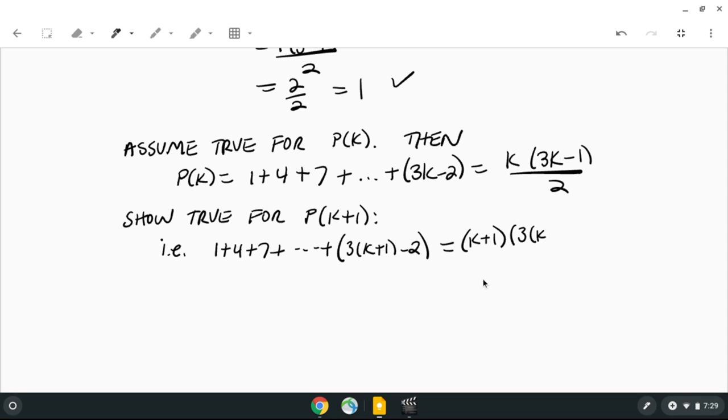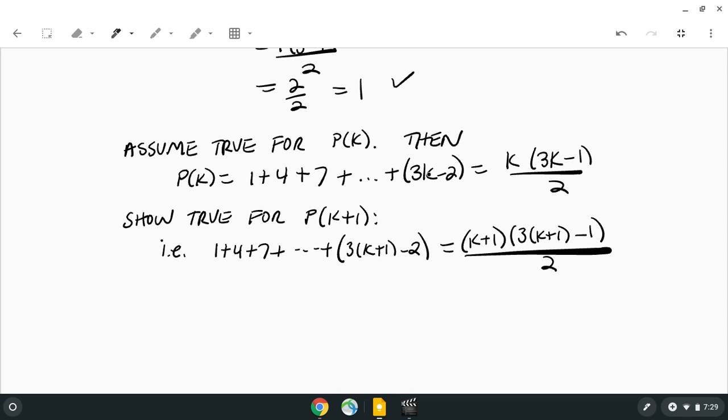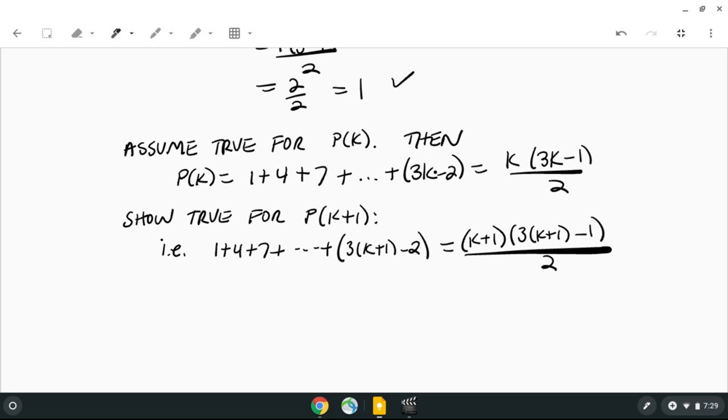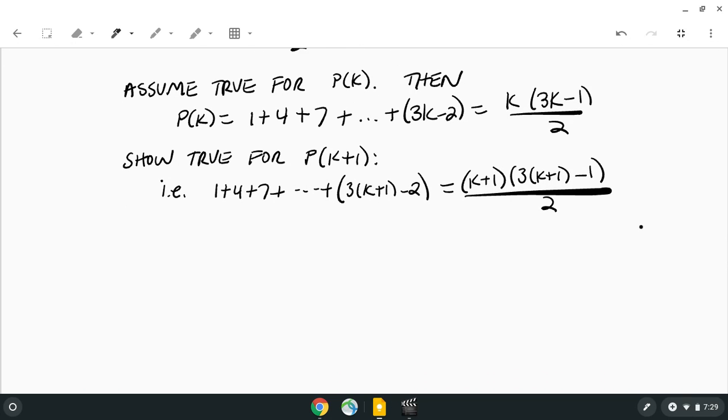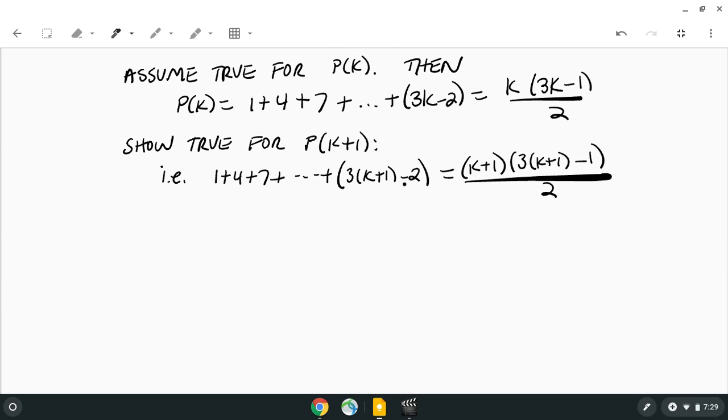So you can see here, this is normally where the n's are. So now I replace them with k plus 1, k plus 1, and k plus 1.